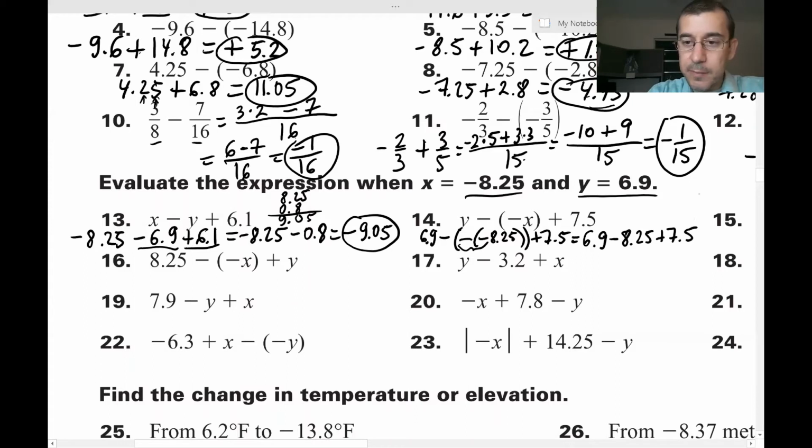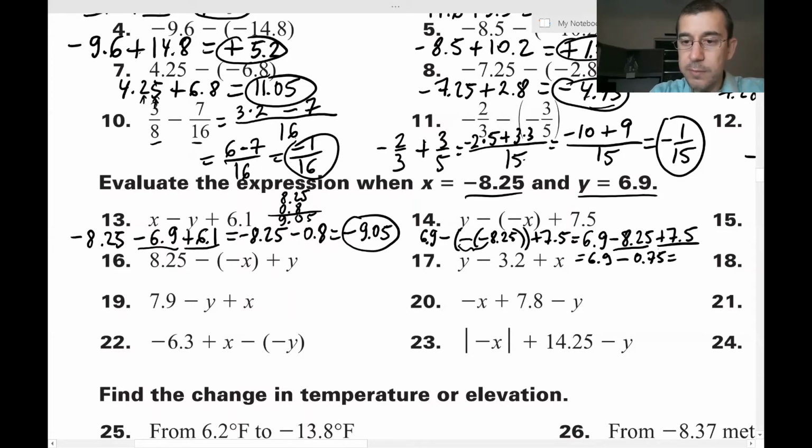Here we have these two numbers close to each other, so we can do those next. So here I'm going to do equals 6.9. Which one is greater, 8 or 7? 8 is greater, so minus, and then 8.25 minus 7.5 is 0.75.